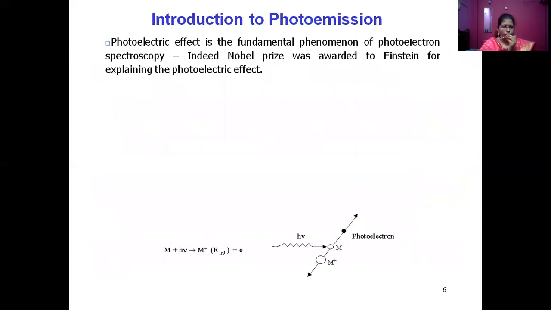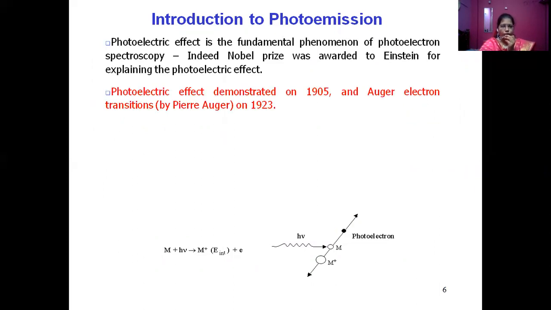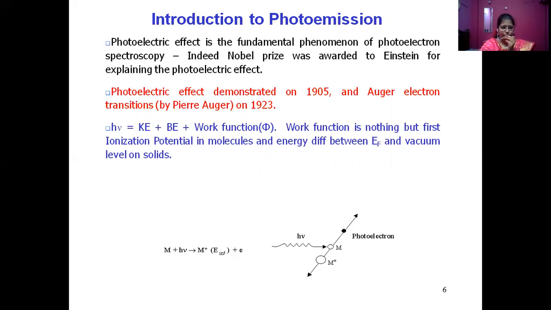Introduction to photoemission. The photoelectric effect is the fundamental phenomenon of photoelectron spectroscopy. Indeed, the Nobel Prize was awarded to Einstein for explaining the photoelectric effect. The photoelectric effect was demonstrated in 1905, and Auger electron transitions by Pierre Auger in 1923.